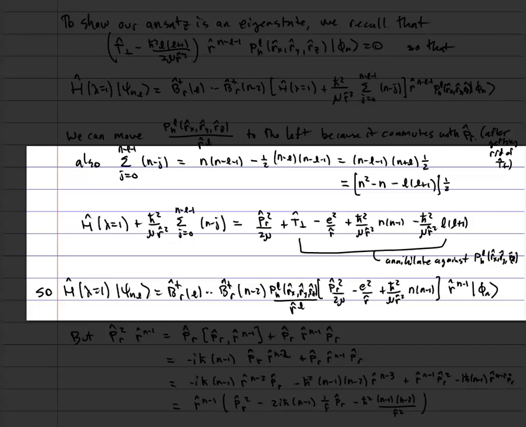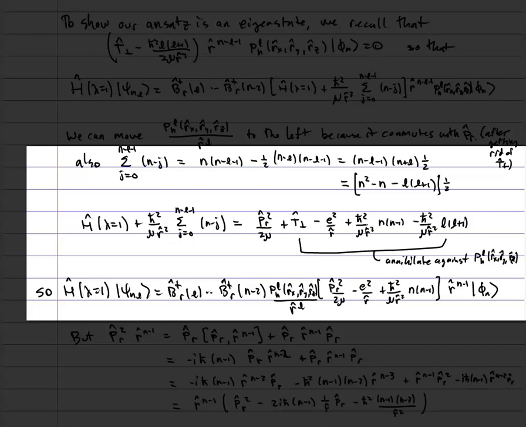You see I borrowed that minus L times L plus 1 over 2 mu r squared, and I am associating that with a T perpendicular, and then that thing annihilates against the PHL of Rx, Ry, Rz. So that term disappears, and then I'm left with the Pr squared over 2 mu minus e squared over r hat plus h bar squared over mu r squared n times n minus 1.